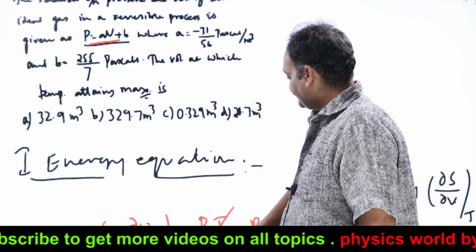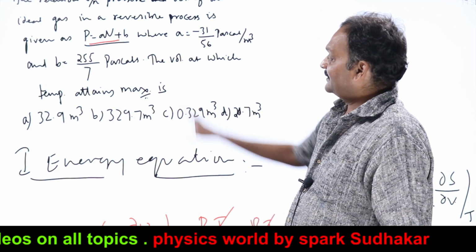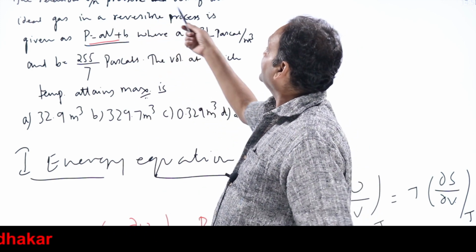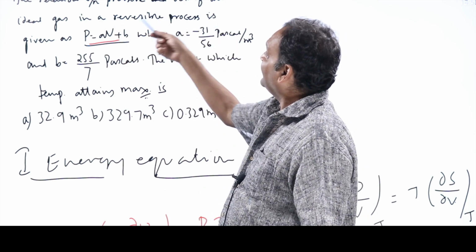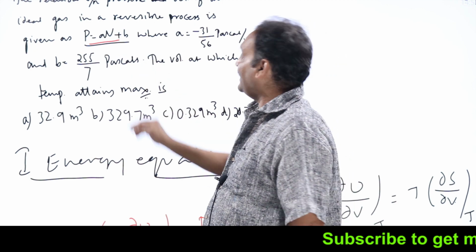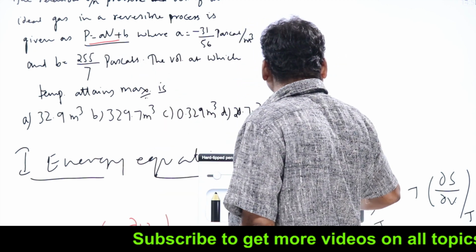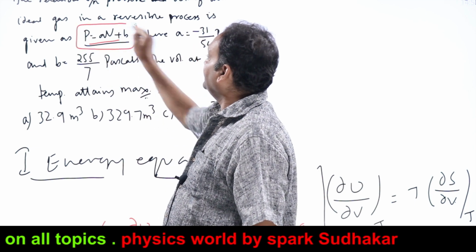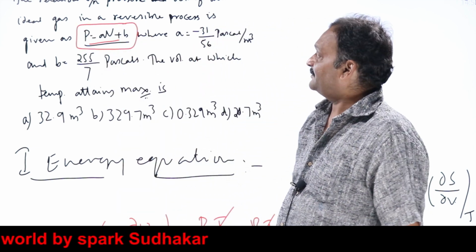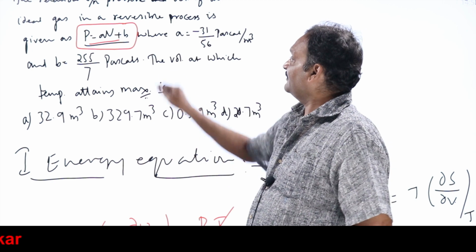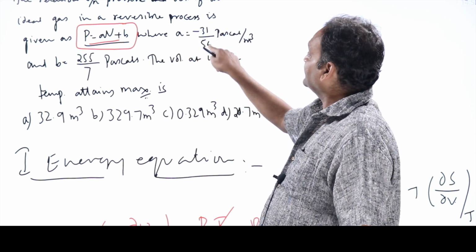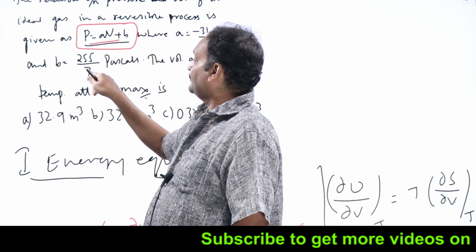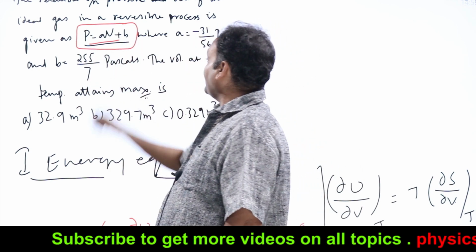The relation between pressure and volume of an ideal gas in a reversible process is given as P equal to AV plus B, where the constant A is minus 31/56 Pascal per meter cube and the constant B is 255/7 Pascals.